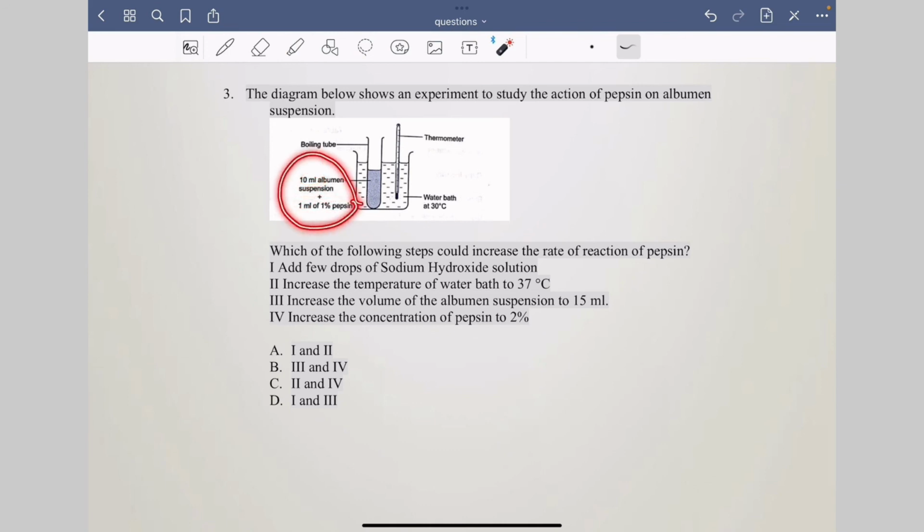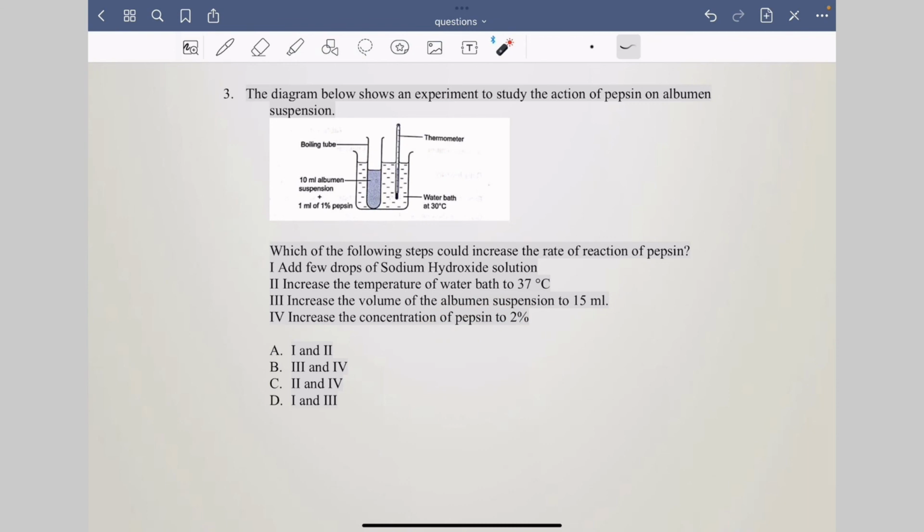Here we know that pepsin is less so that it can take action very quickly and effectively. Increase the concentration of pepsin to 2%. We can increase the concentration of pepsin so that all these substrate can take place into the active site.